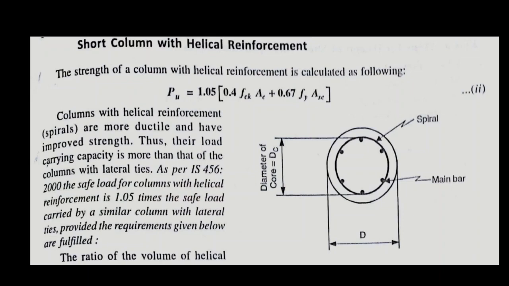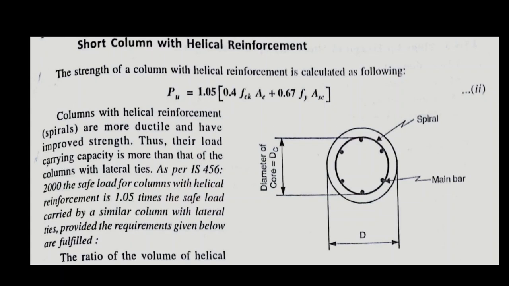The strength of a column with helical reinforcement is calculated as follows as per clause 39.4. Pu equals 1.05 into (0.4 fck Ac plus 0.67 fy Asc), as I said earlier. Columns with helical reinforcement or spiral are more ductile and have improved strength. Thus, their load carrying capacity is more than that of columns with lateral ties.